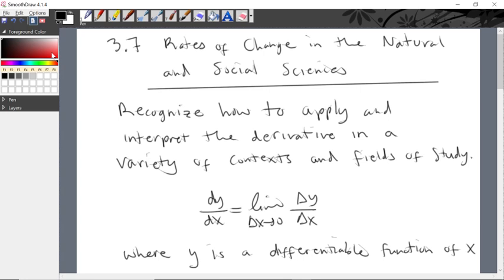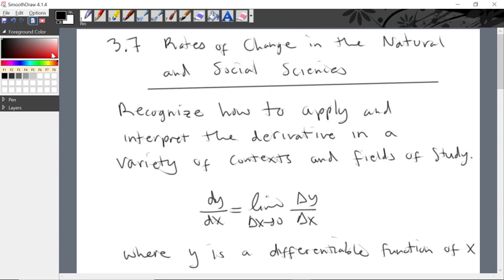I would like for you to be able to recognize when you would be in a situation such that the derivative would be applicable. That is, if you are dealing with functions that vary with respect to some input or multiple inputs, as the case may be, and where the functions change in a way that is not constant.